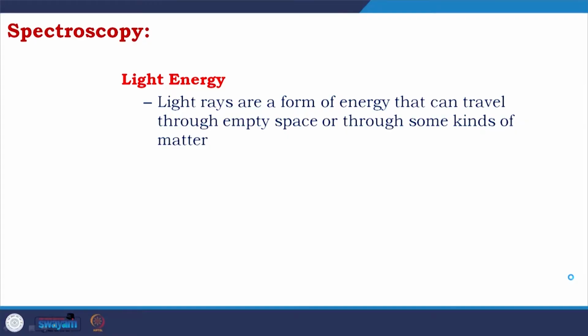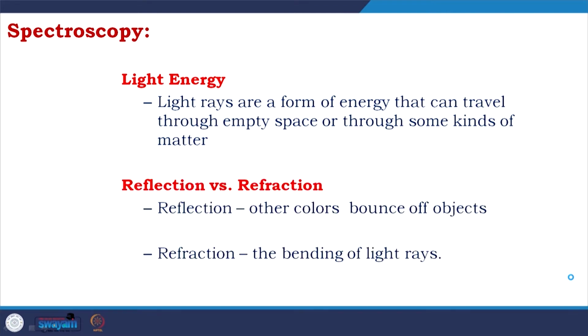In spectroscopy, light rays are a form of energy that can travel through empty space or through some kind of matter. If we see two terms, reflection versus refraction, reflection is when colors bounce off objects and refraction is the bending of light rays.